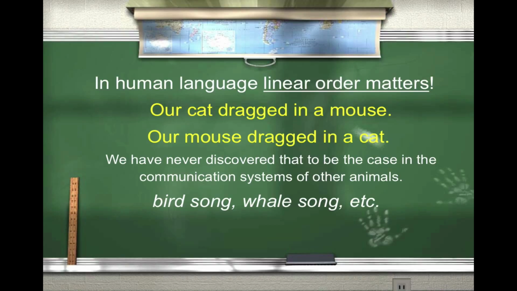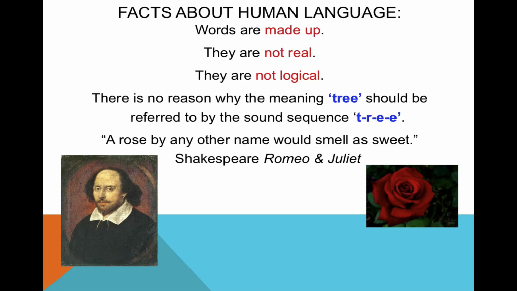So bird song, whale song, any other kind of vocalization that is quite complex and really long, it cannot be cut up into individual pieces that then can be transposed for new meaning. Okay, I'll come back to this a lot when we compare human language and its unique features to the communication systems of other animals. All right, going on here.